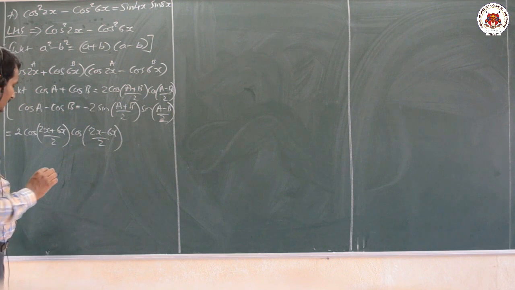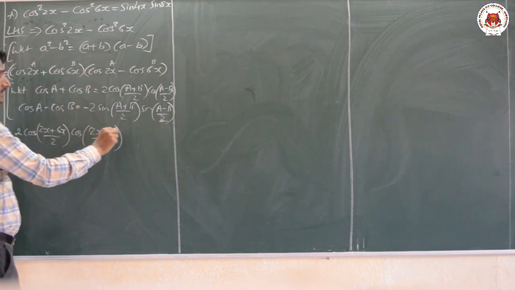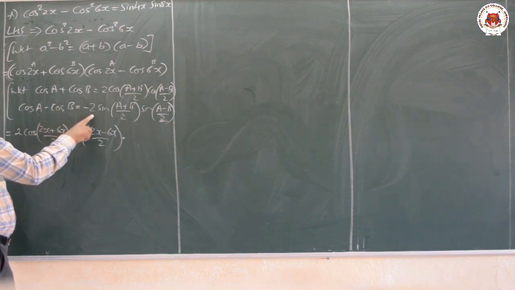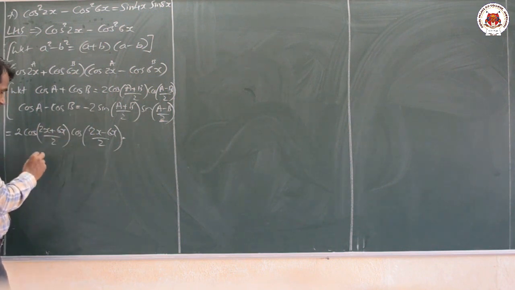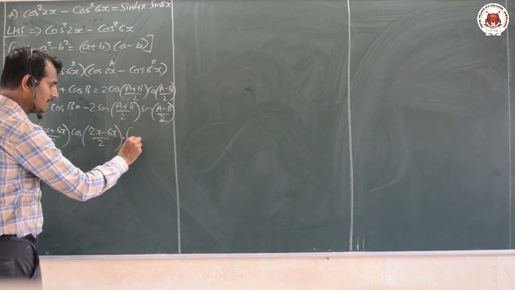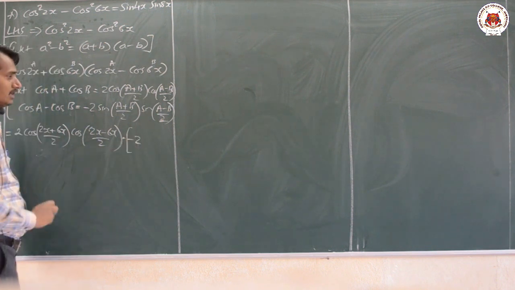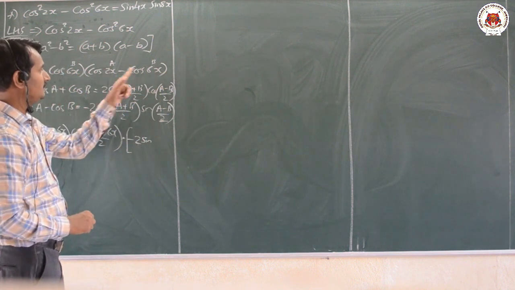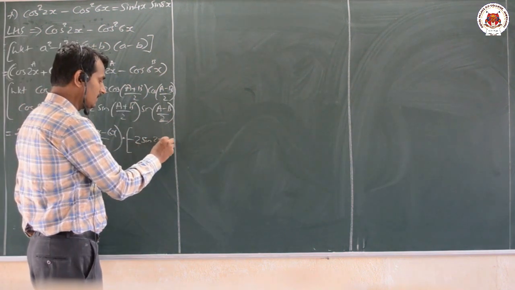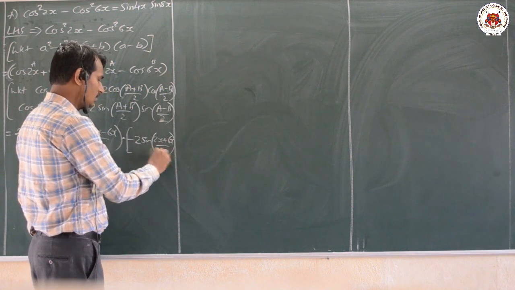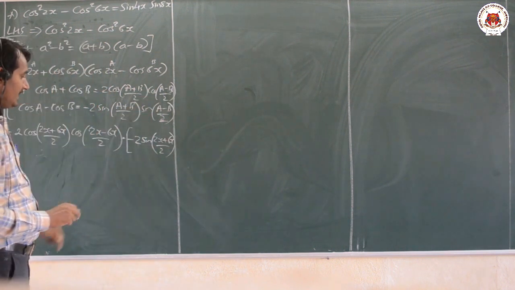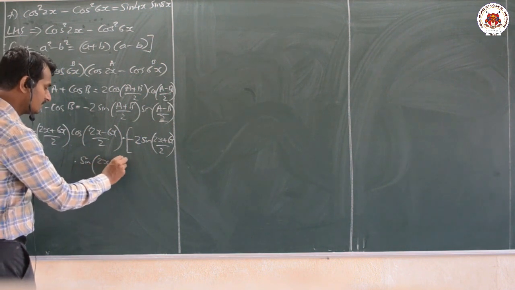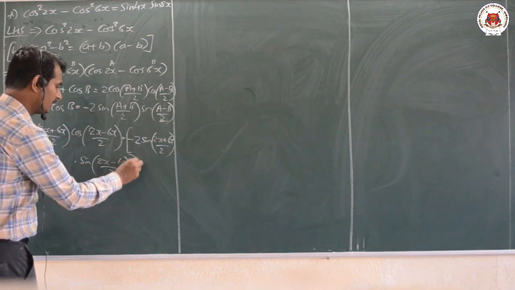This is one thing. Into, since it is multiplication, again cos a minus cos b means minus 2. I will write down here minus 2 sin of (a plus b) by 2, a plus b means 2x plus 6x whole divided by 2, into sin of (a minus b) by 2, that is sin of (2x minus 6x) divided by 2 here.